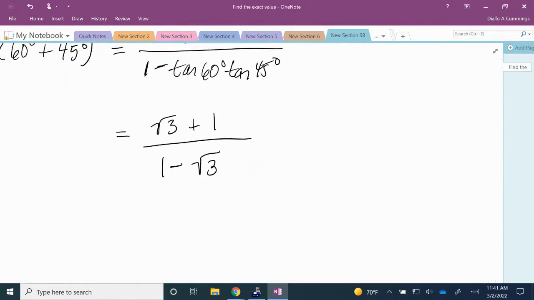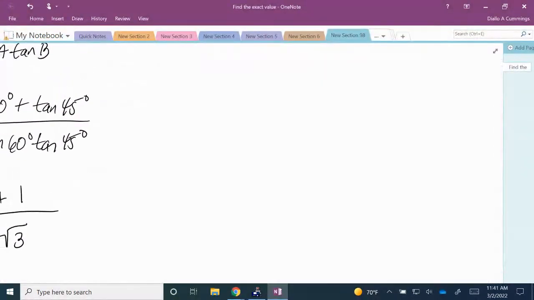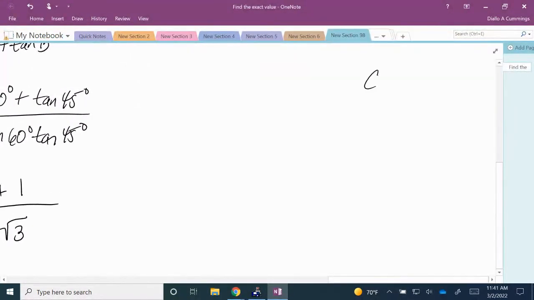All right, so remember when we deal with square roots, we have what are called conjugate pairs. Just to review that, a conjugate pair.